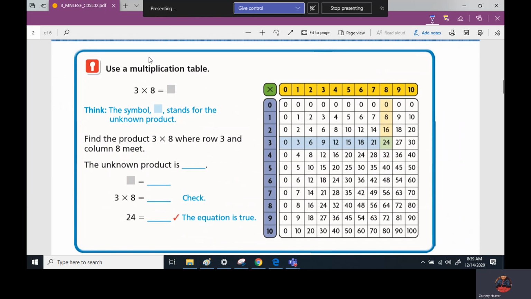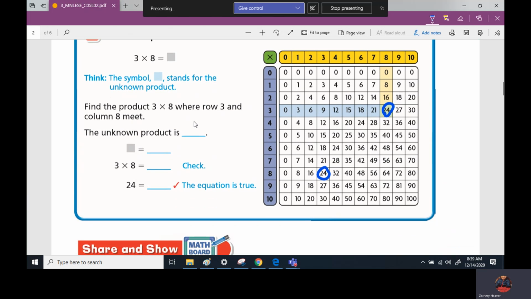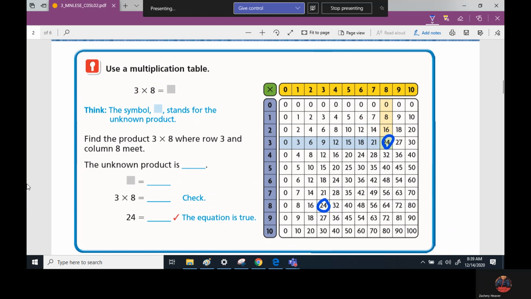Use the multiplication table. 3 times 8. Remember, we can go 3 over, 0, 1, 2, 3, 4, 5, 6, 7, 8, or we could go 3 down, 1, 2, 3, 4, 5, 6, 7, 8. And they did 8 times 3, which is 0, 1, 2, 3. So there's 3 times 8 is what?